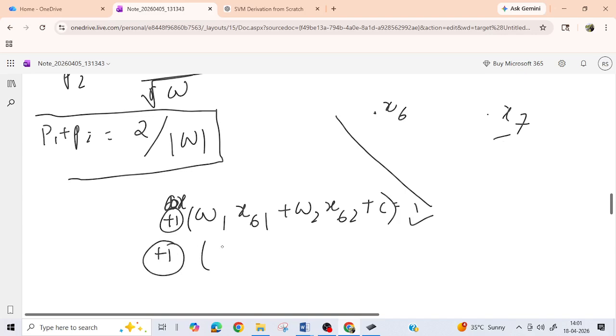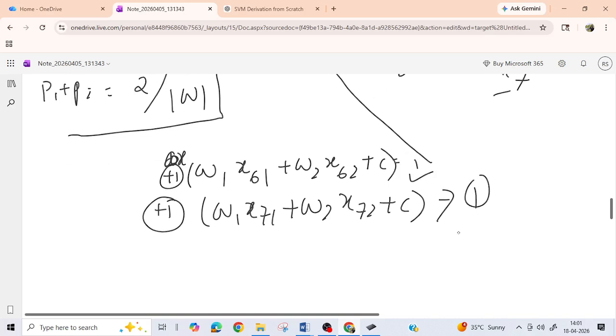If I replace the value of x7 in place of x61, it would be w1 x71 plus w2 x72 plus c again. But this would be slightly greater than 1 because this is beyond it, right? So +1 into something greater than 1 would be greater than 1 only, right? So this is one case for the positive points.